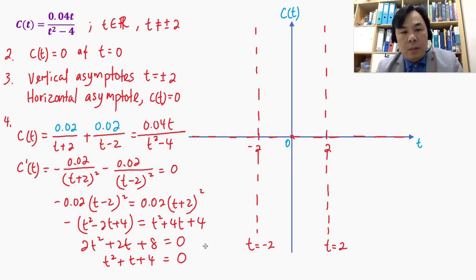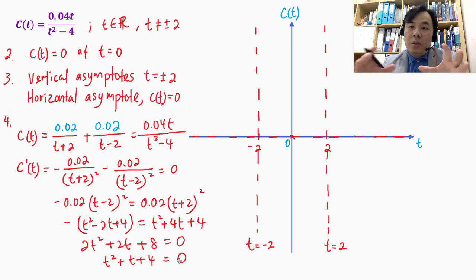If you check your b squared minus 4ac, you will notice that the discriminant is less than 0. So therefore, there are no real solutions to t there. Because there are no real solutions to t here, therefore, there is no stationary point.